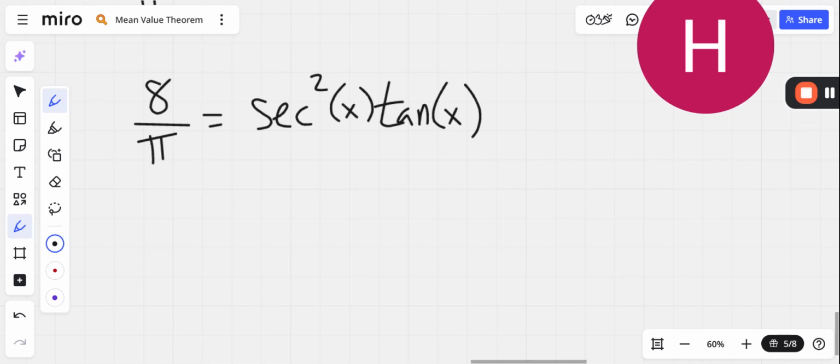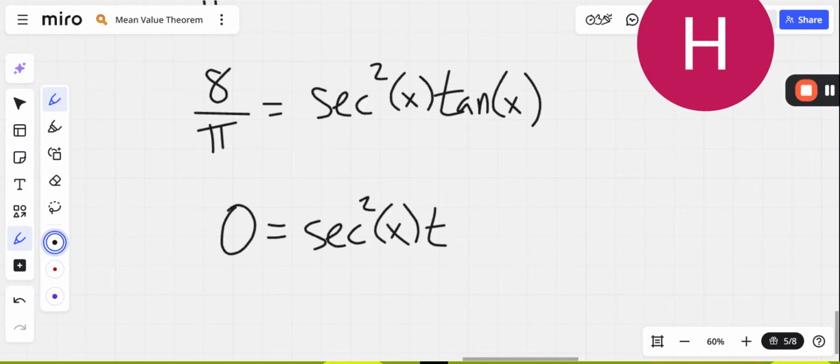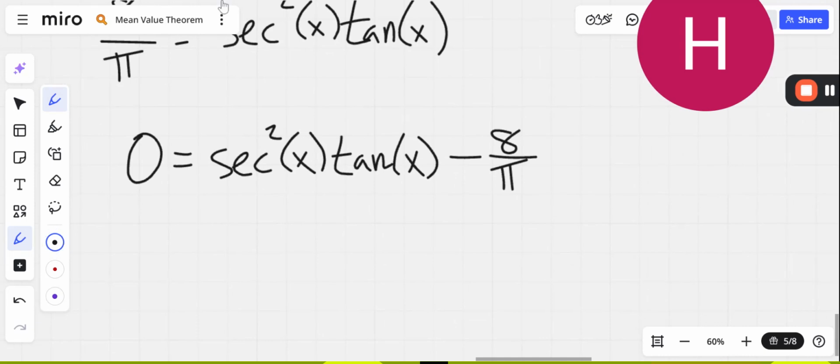There are lots of different ways to solve this. You might remember in a video of mine that I recommend moving everything over to one side because it's a lot easier to see on the graph where something crosses 0. So if I can see on the graph where that crosses 0, and I'll show you in just a minute, secant squared x times tan x minus 8 over pi.